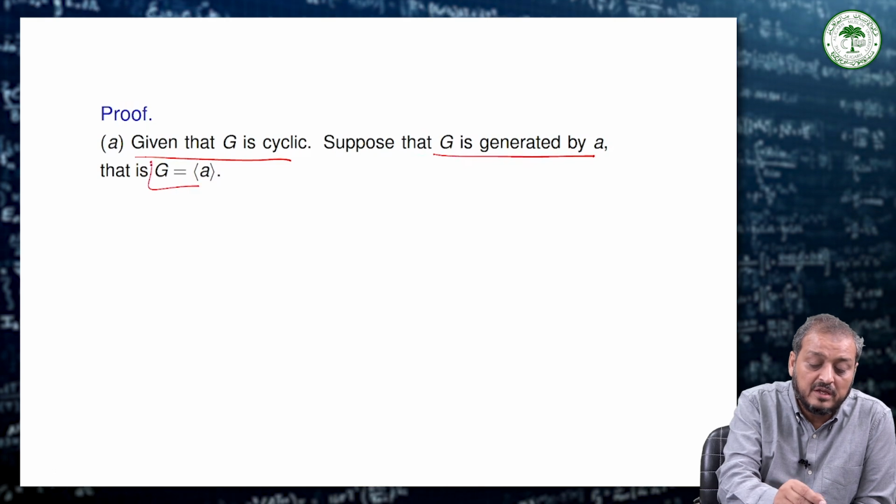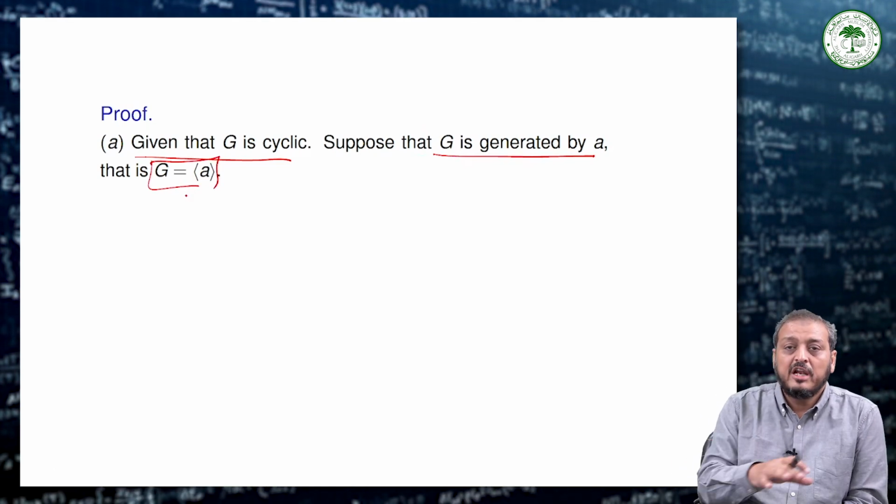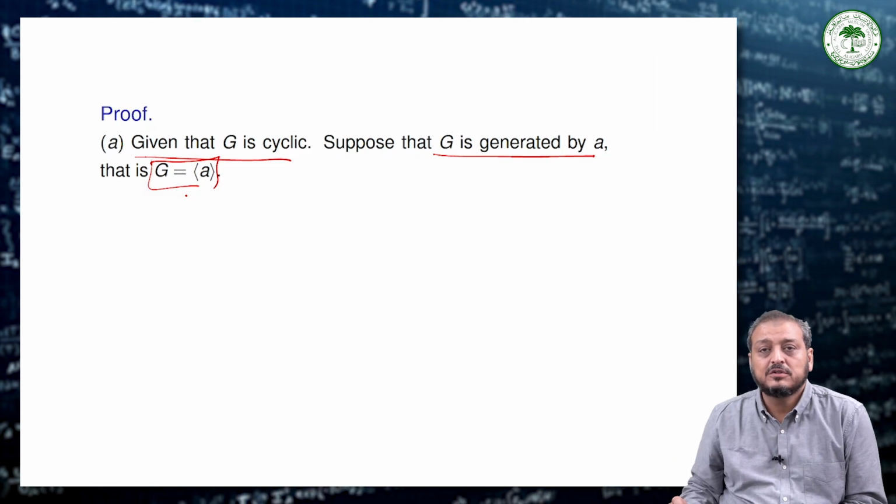So, G is generated by a, which means all the elements of G can be written as powers of a.